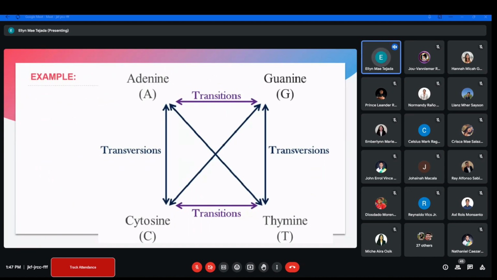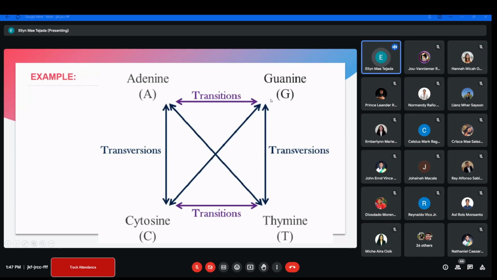So there you go, for a better view. You have here your purines, your adenine and your guanine. If either of these two is substituted, let's say your adenine is substituted by your guanine, these are still under the transition category.